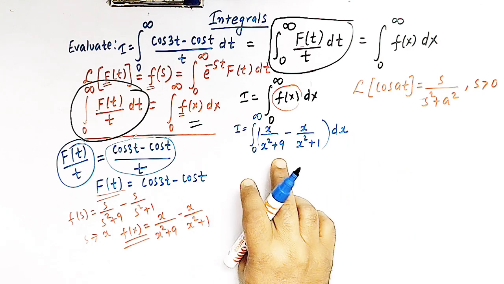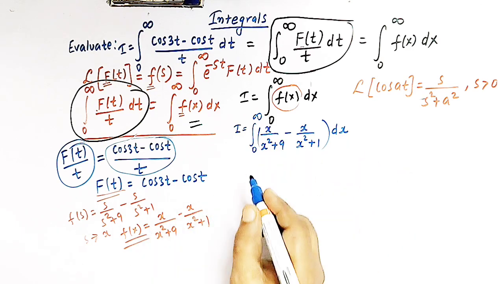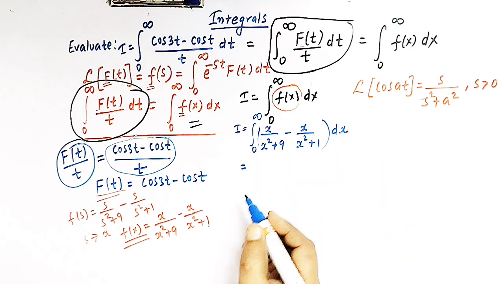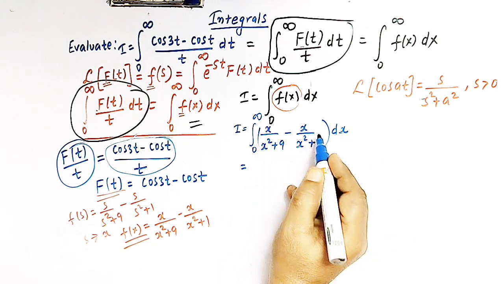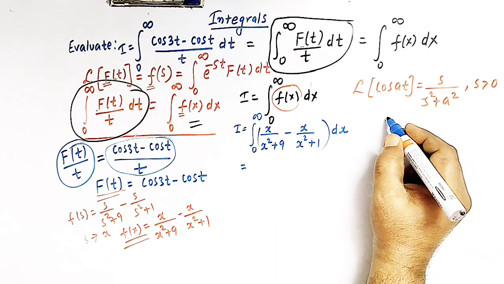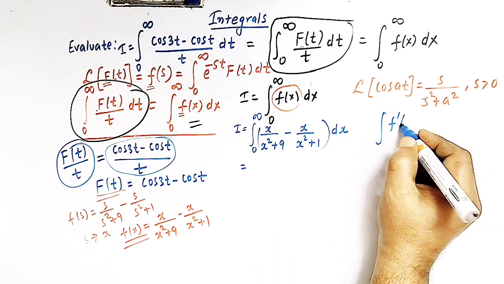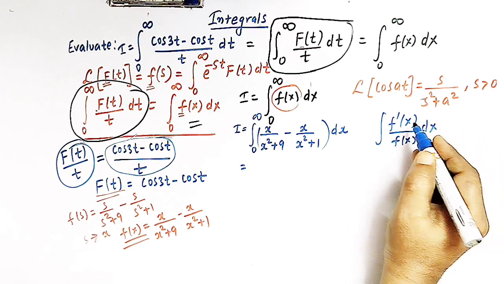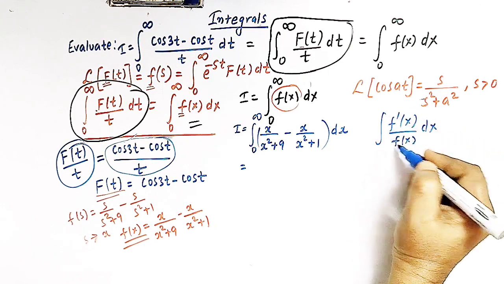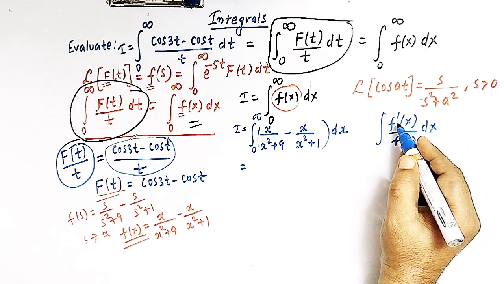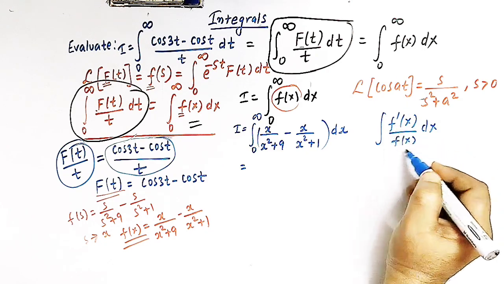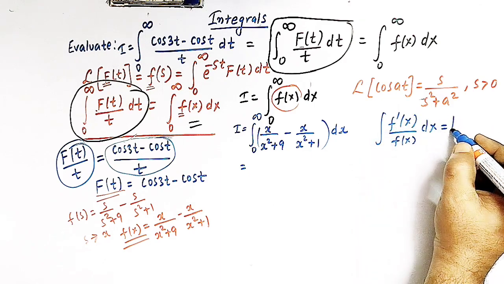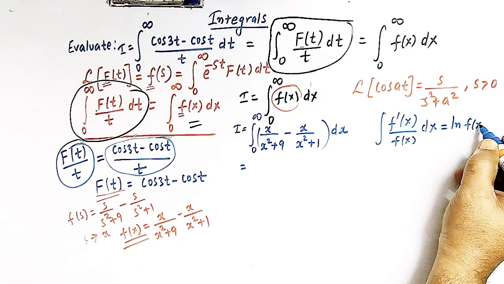So now we have to evaluate these two integrals, and these two integrals are simple integrals, because we can transform these two integrals into this form, that is f prime of x divided by f of x dx. So whenever we have an integrand of this type, when the derivative of the denominator exists in the numerator, then this is simply the natural log of f of x.